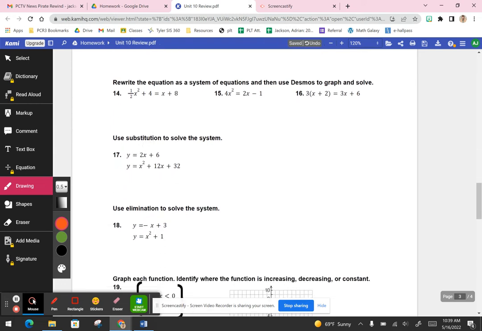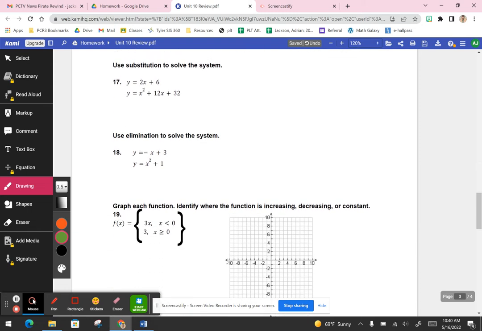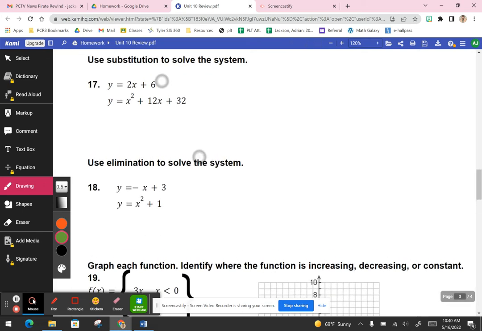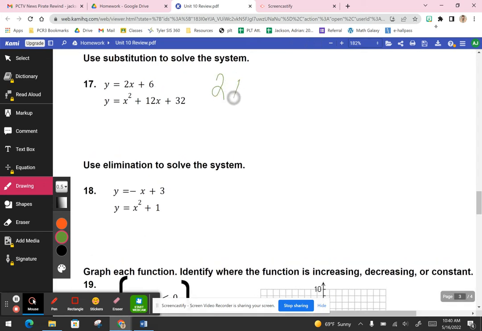All right, here you use Desmos. So you're going to enter the first part into one line of Desmos, the second part into a second line of Desmos, see when the equations cross, and that's your solution. Substitution, you set the equations equal to each other. So you would have 2x plus 6 equals x squared plus 12x plus 32, and then you would solve that.